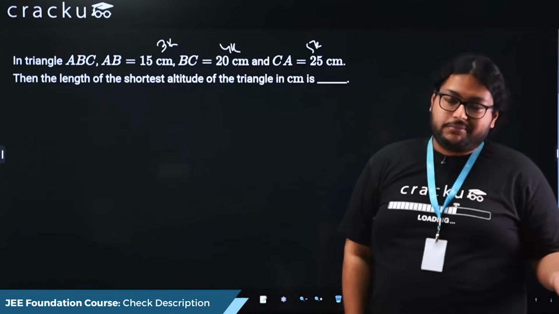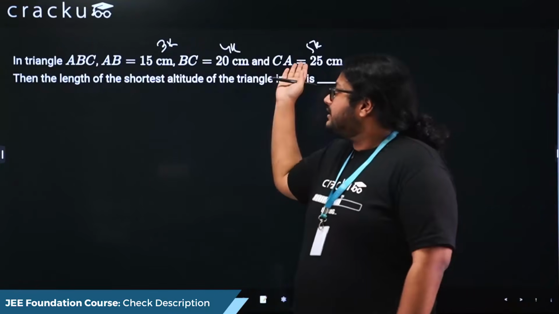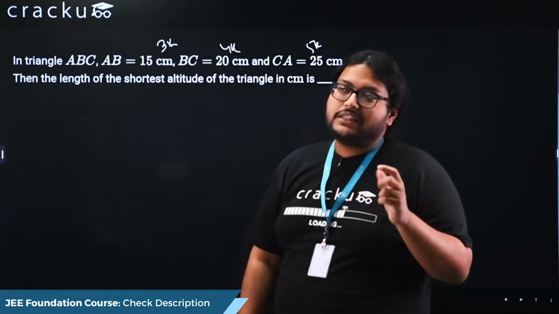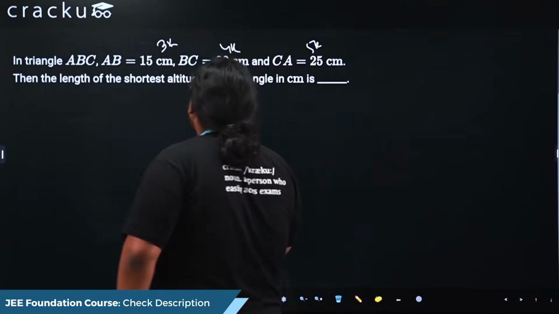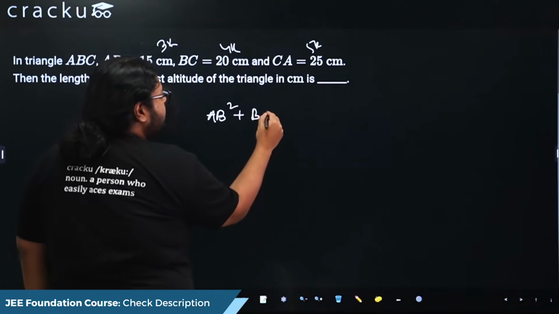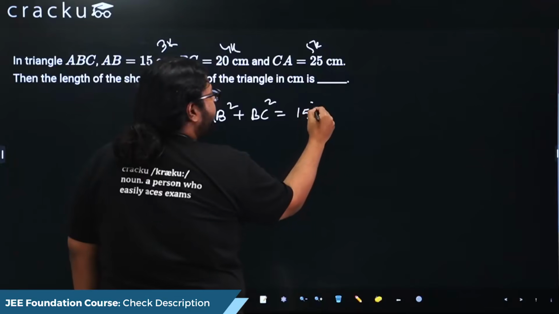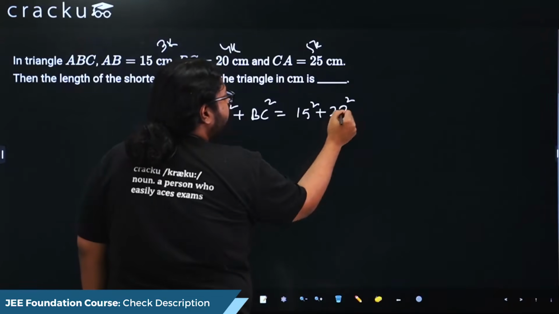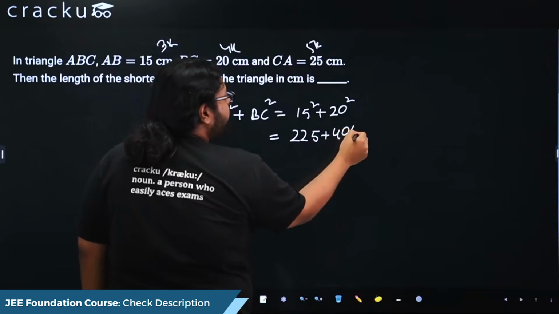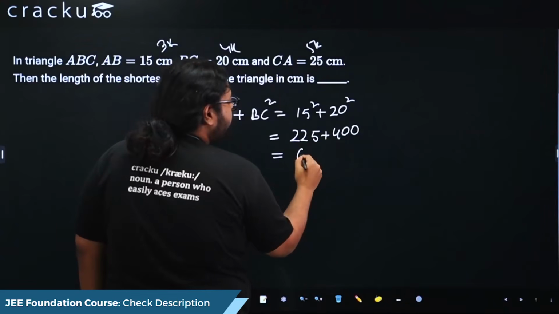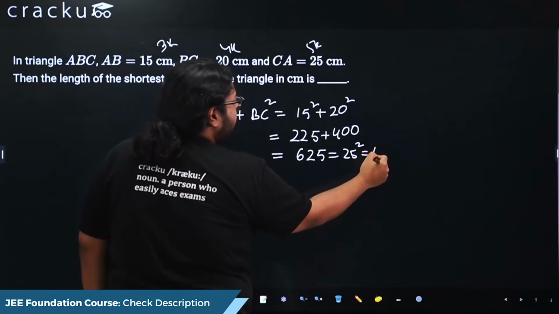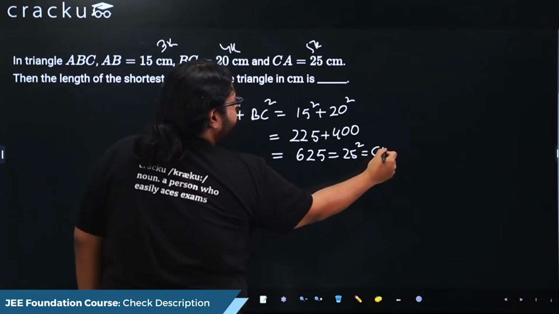If we were not able to figure that out, we could still have checked what is the sum of the squares of the two sides and what is the third side, right? So AB squared plus BC squared is 15 square plus 20 square. 15 square is 225, 20 square is 400, so that is 625. 625 is 25 square, which is CA square.